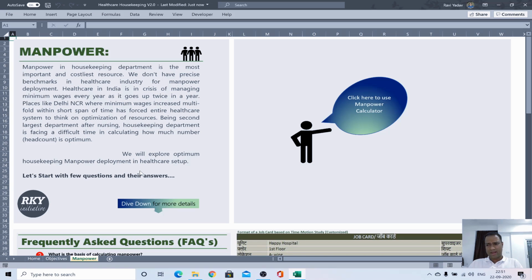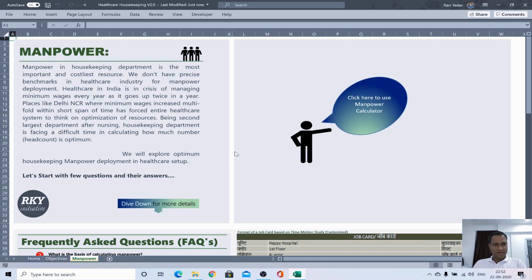Recently Delhi has seen an exponential increase in minimum wages, as high as 37%, which makes challenges for everyone, as not only housekeeping but other departments too need a revision in compensation. Altogether it creates financial pressure on management, pushing them to call for optimization to achieve the hospital's measure of success, or MOS. That's why optimization of manpower is very important, and you will understand how you can do it here.